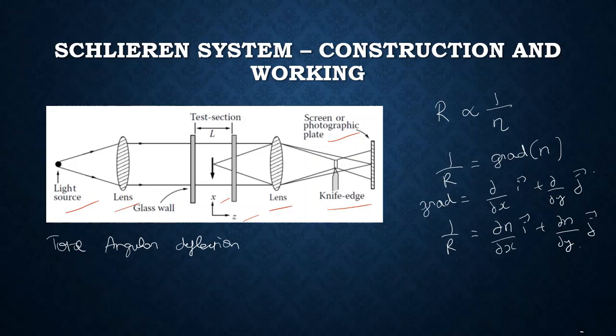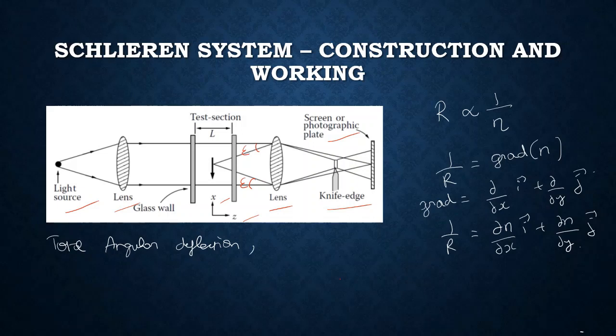When light passes through this particular region, the light is getting deflected with respect to the high density flow. The amount of deflection, we should record it. The amount of deflection is here taken as epsilon.